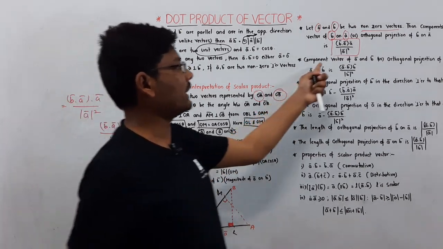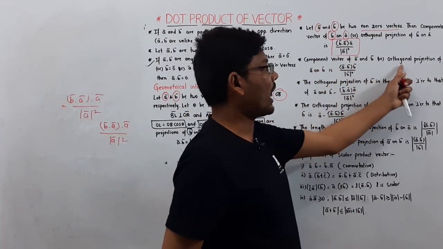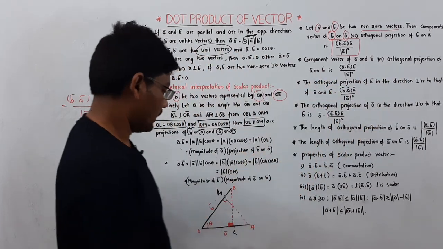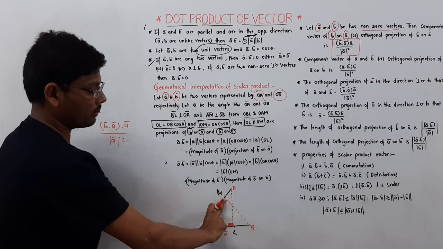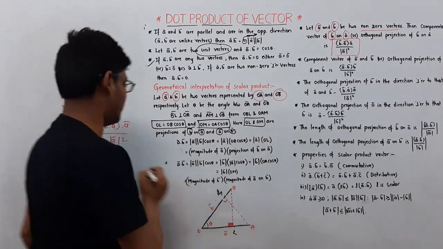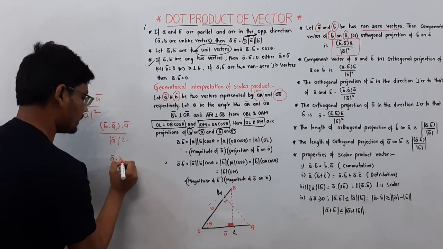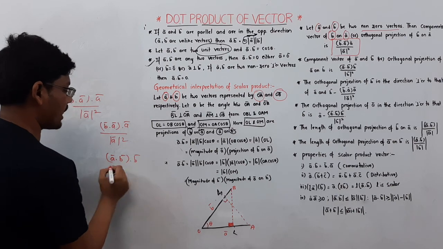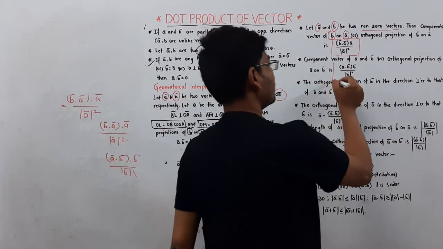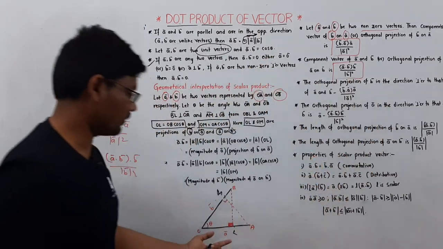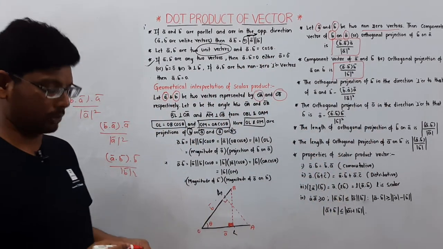And the component of vector A bar, the orthogonal projection of A bar on B bar, is the reverse one: A bar dot B bar into B bar by modulus of B bar square. This is the point for the reverse, the projection of A bar vector on B bar.